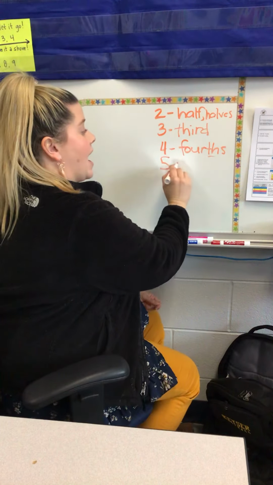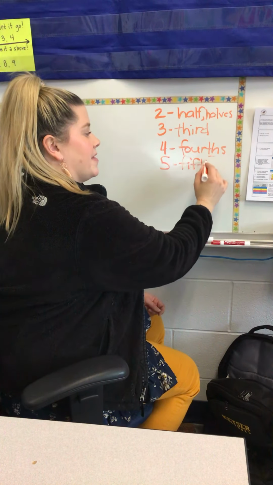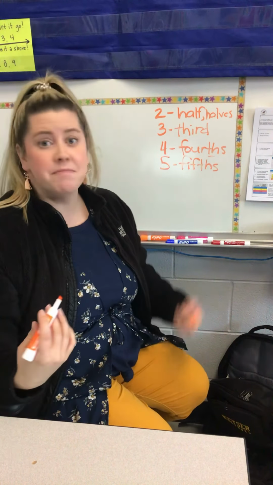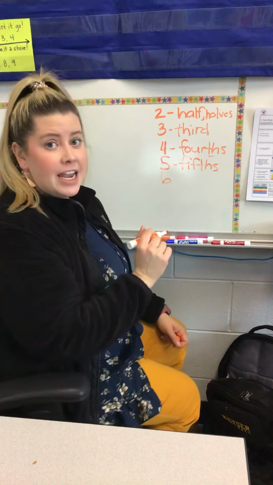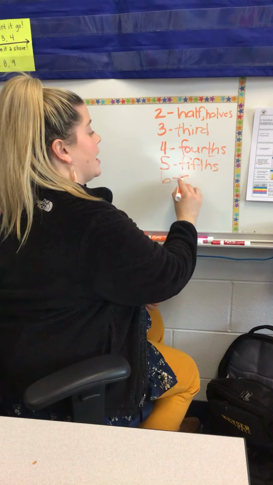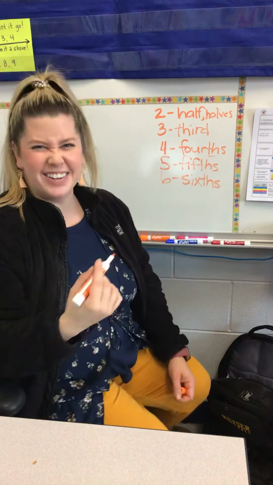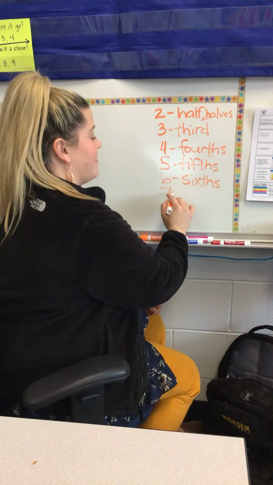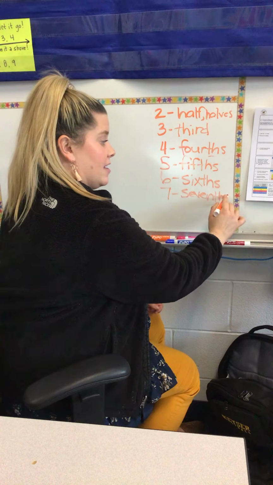If I have a 5, then I would say fifths. It's a little hard to say. So 1/5 or maybe 4/5. If my denominator is a 6, I would say sixths. That is hard to say, isn't it? Sixths. All right, if it's a 7, I would say sevenths, 3/7.